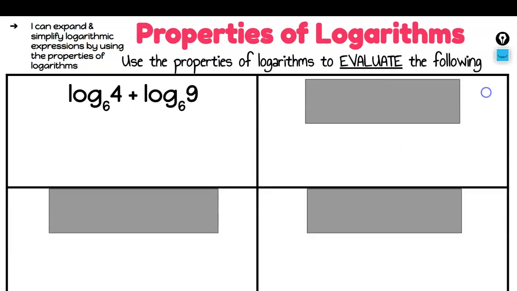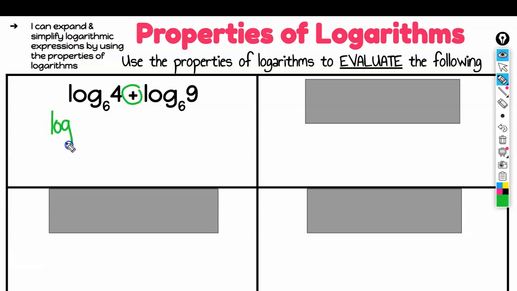in class. Starting out with our first problem, we see that we have a plus sign in between these two logs. If we are going to combine them, we are going to use the product property. That would just mean that I am taking the arguments of each individual log and multiplying them together.